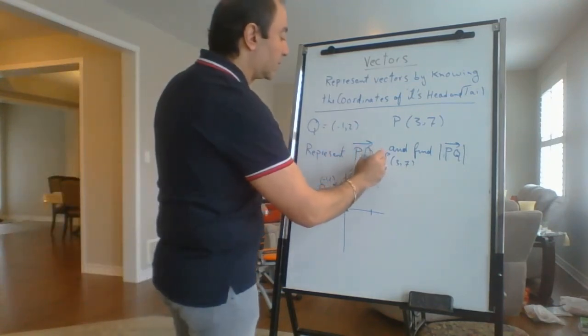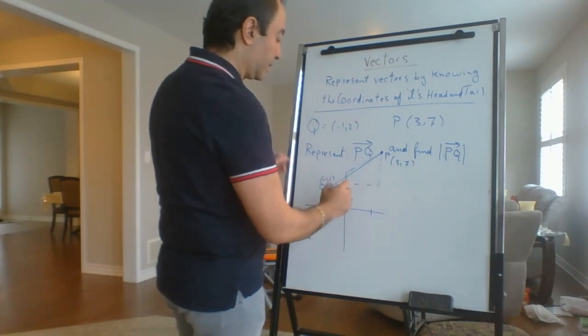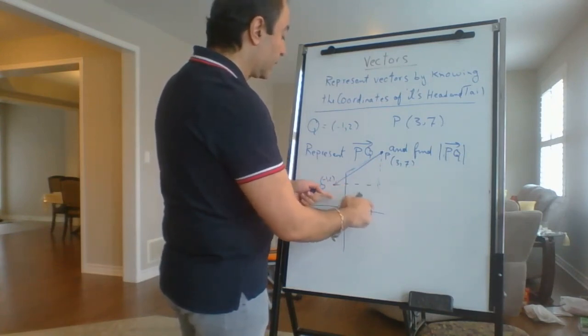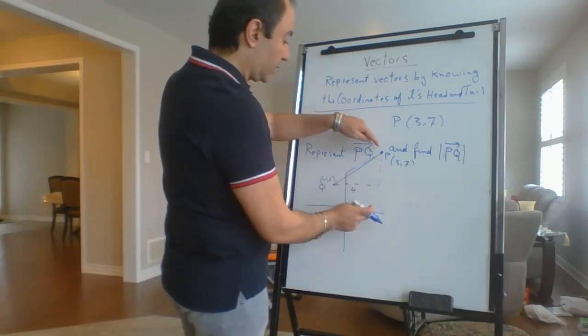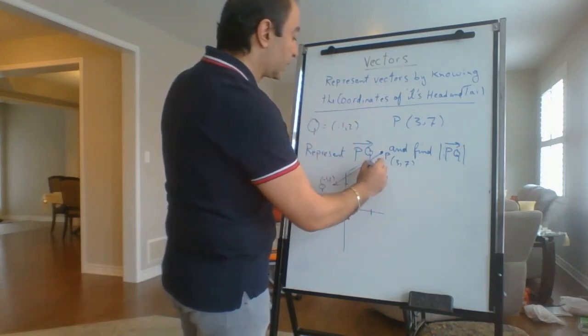Okay, now I want to find the magnitude of this. If we use Pythagorean theorem, from here to here is 3, sorry, and from here to here is 1, so this is 4, and from here to here is 7, and from here to here is 2, so this is 5.